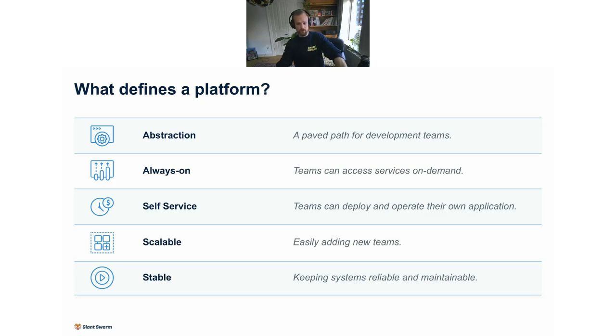So what defines the platform for us is that a platform is always a kind of abstraction layer. So this goes hand in hand with the abstraction layer of Kubernetes, obviously. But the main goal is that your developer teams have a paved path for the things they have to do.